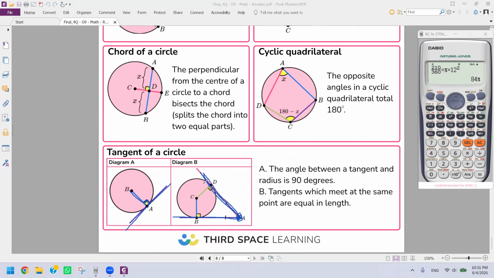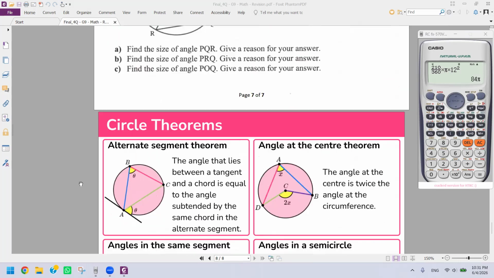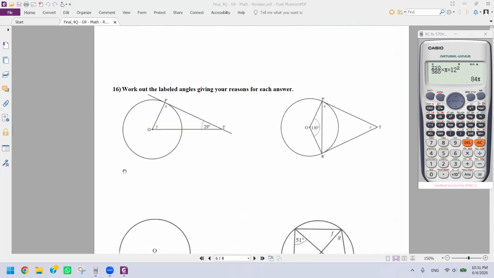Are isosceles. Okay, those two lines are equal. This side is equal to this side. What else? If you draw a radius, it makes a 90 degree. Now let's use all these theorems to solve our questions and mention the reason.